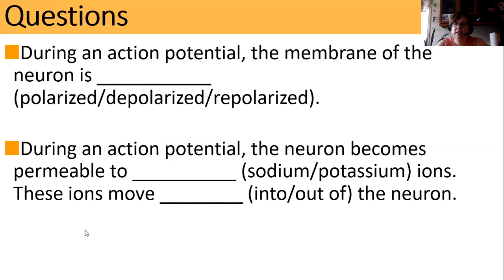Depolarized, that's right. During an action potential, when we're in this state right here, the neuron becomes permeable to blank, and these ions move blank. So permeable to either sodium or potassium, and then they move into or out of. Good. So more sodium ions are going to move in. They're going to rush in when those diffusion channels open. Excellent.